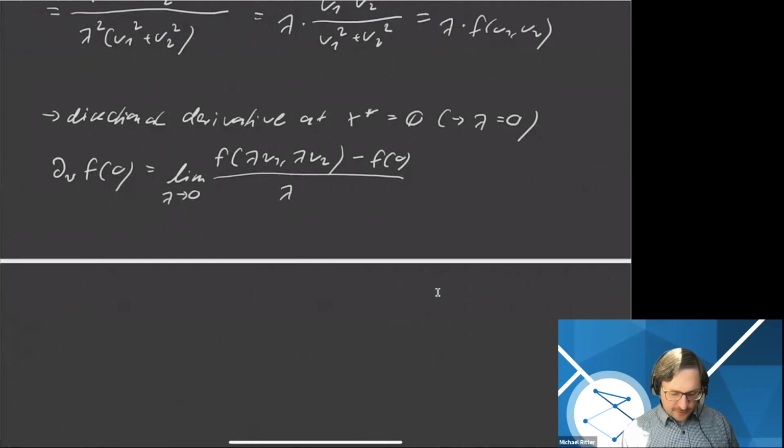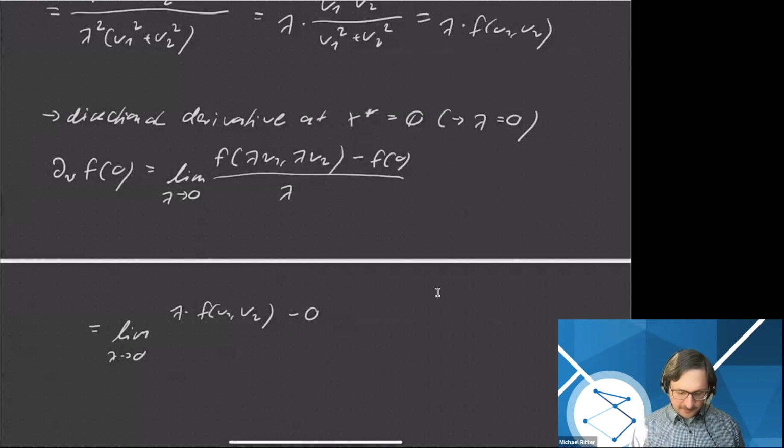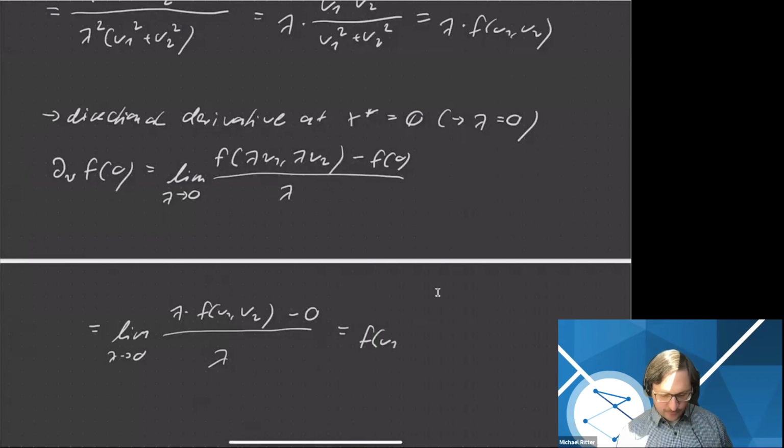Okay, and well, in this limit, f(λv1, λv2) is simply the same thing as λ times f(v1, v2), which we just computed. f at 0 is 0 by definition. And the denominator stays the same. So what happens here is the λ cancels out, and we just get f(v1, v2).